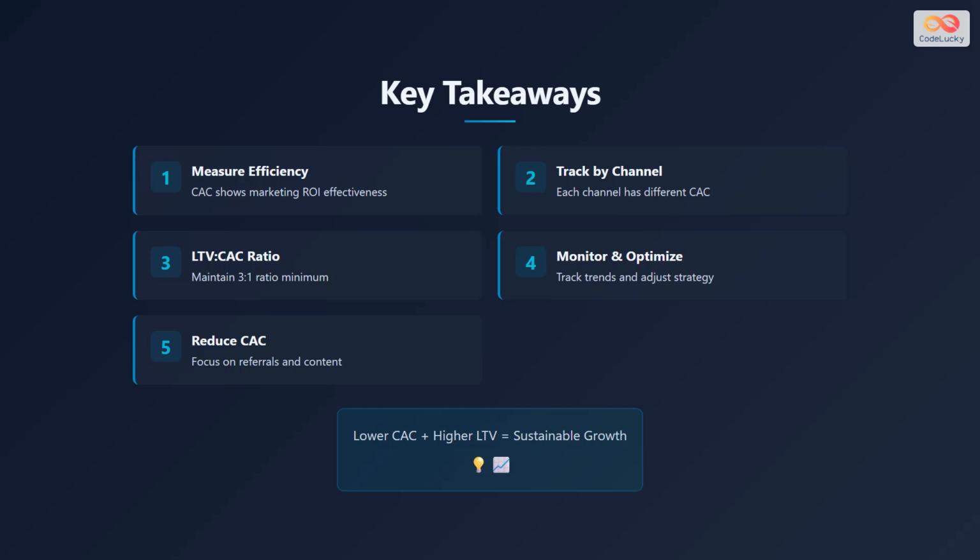Fourth, monitor CAC trends monthly and adjust your strategy based on the data. Fifth, actively reduce CAC by focusing on referrals, improving conversions, and leveraging content marketing. Remember, lower CAC combined with higher LTV creates sustainable, profitable growth. Understanding and optimizing CAC is one of the most powerful levers for business success.